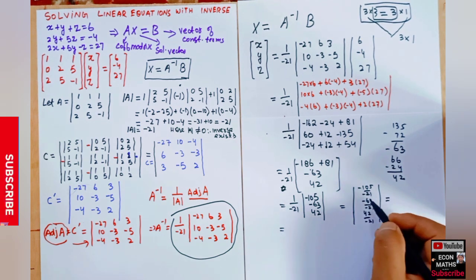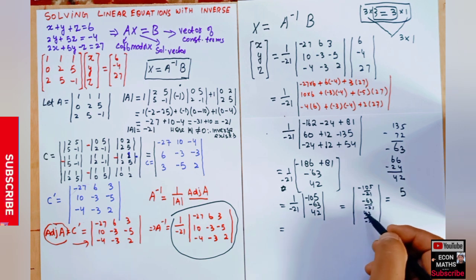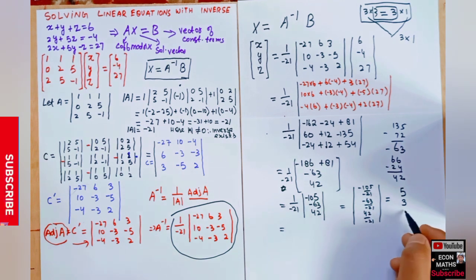So here it is 21s are 20, 25s are, so it is here 5. Similarly 21s are 20, and 21 times 3, 21 into 3 is 63. So here it is 3. This minus and minus will get cancelled. 21 times 2 is 42. So this is 2.